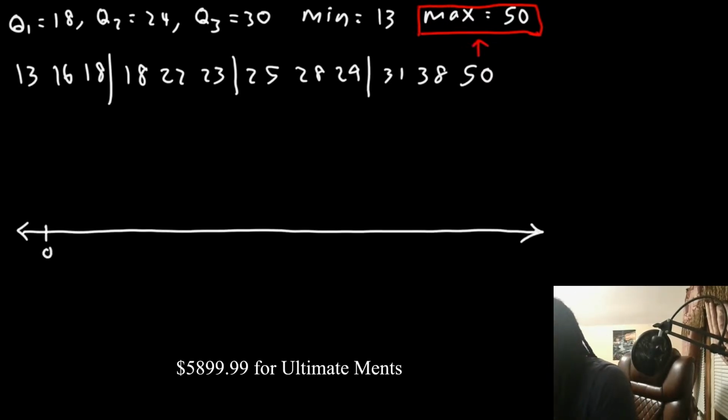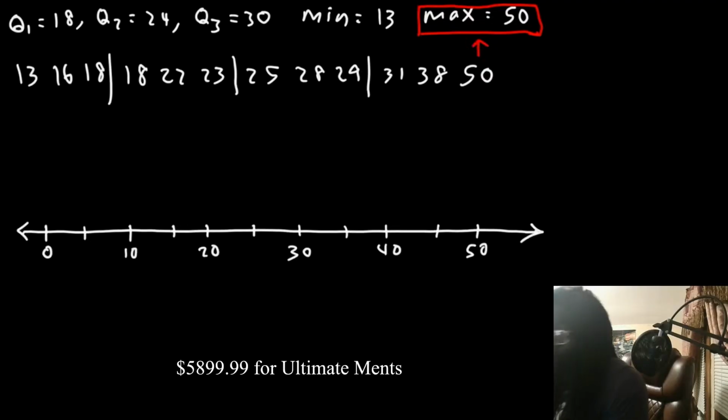So 0 is going to be our lowest point, and we're going to go up to 50. So let's go by tens. And let's put a mark in the middle to represent the fives.